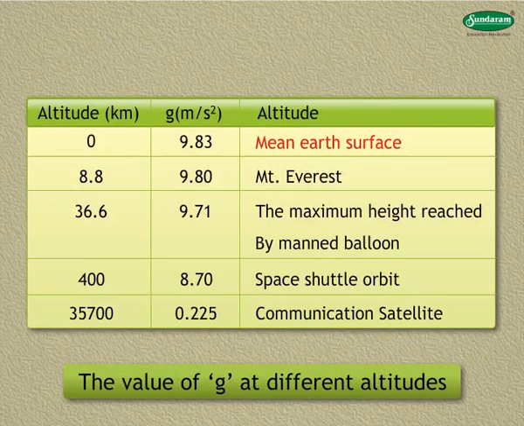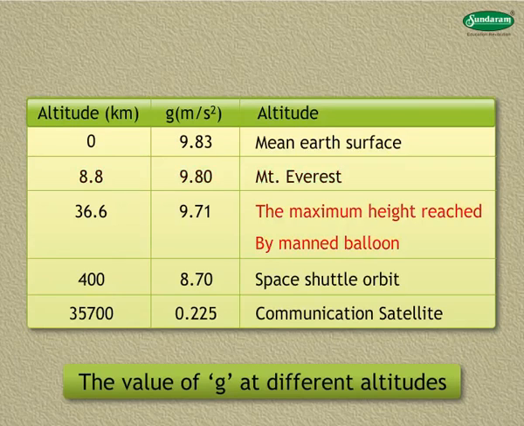At the mean Earth surface, where the altitude is 0 kilometers, g is 9.83 meters per second squared. On the tip of Mount Everest, where the altitude is 8.8 kilometers, g is 9.80 meters per second squared.